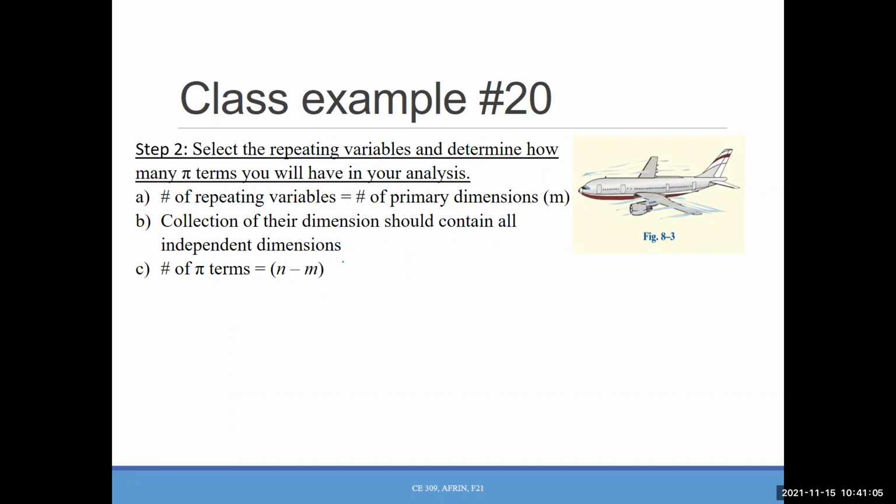We already know the number of pi terms is 5 minus 3, 2. Number of repeating variables equals number of primary dimensions, so we need to have 3 repeating variables here. We need to make sure that the collection of their dimensions contains all the independent dimensions here.